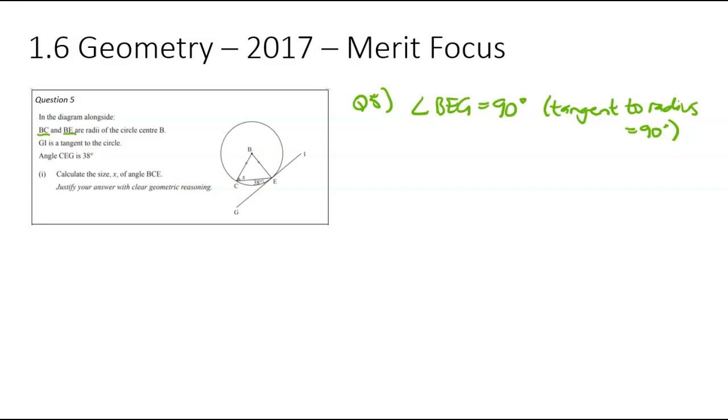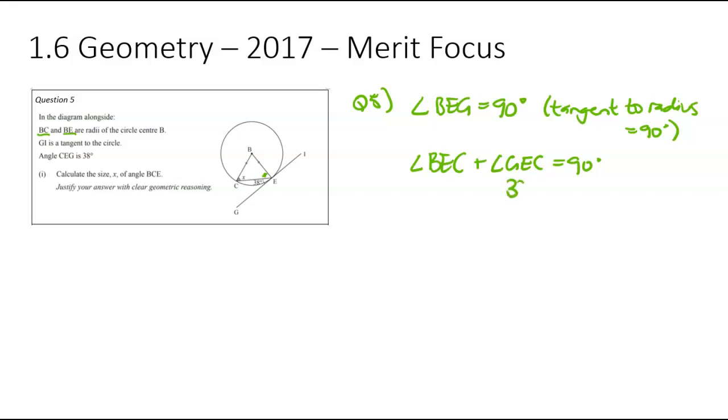What we then can do is we know that angle BEC, which is this angle here, and GEC, they sum to 90 degrees because they're sitting within that right angle that we had there. So because we know GCE, we know that's 38 degrees, we can put that in to find out BEC, which is the one sitting up over there.